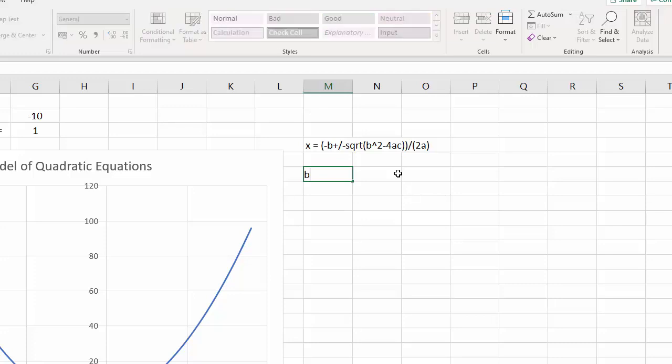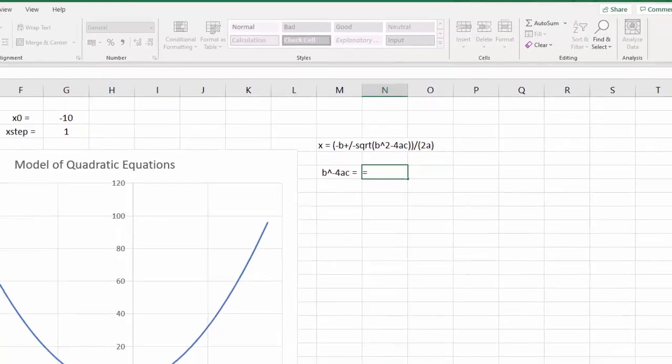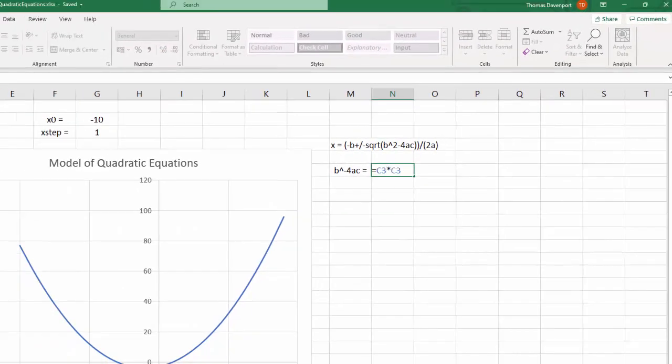So I'm going to set b squared minus 4ac equal to b times b minus 4 times a times c. Okay, so that's b squared minus 4ac, and in this instance it's actually equal to 16.